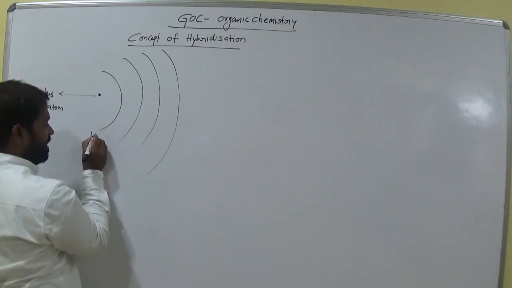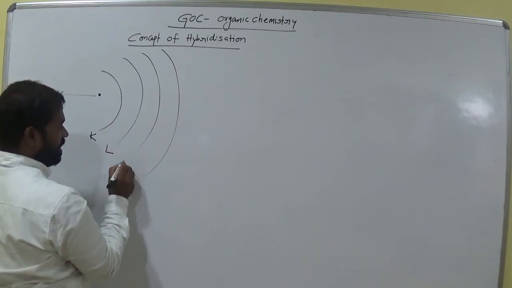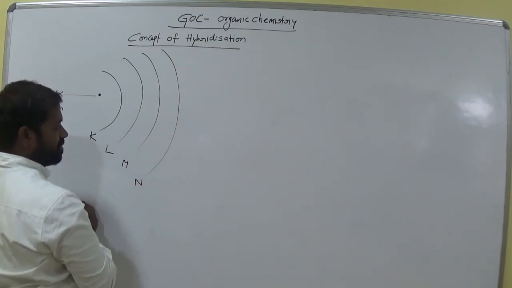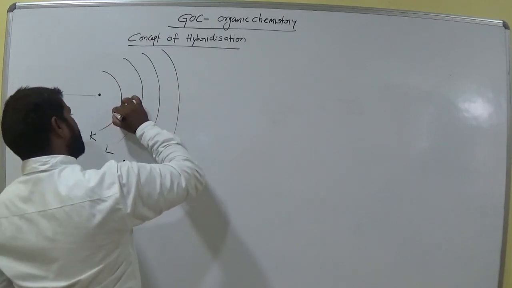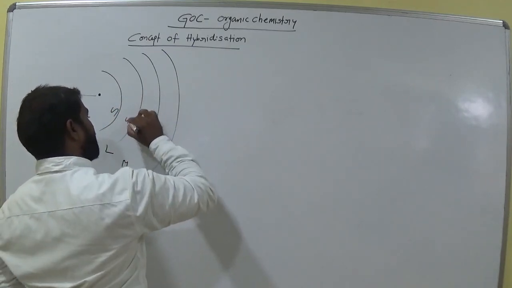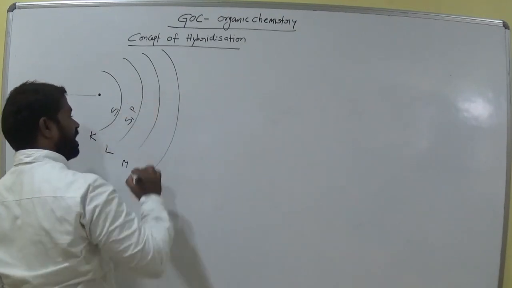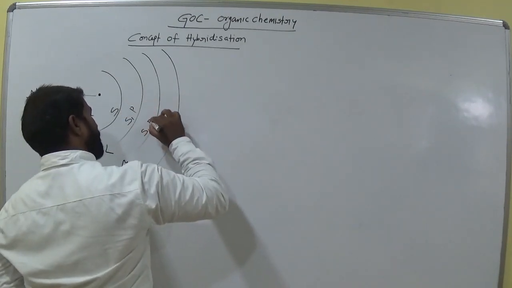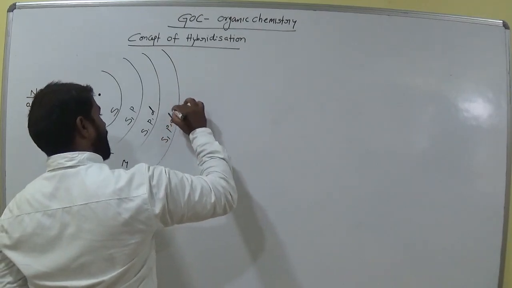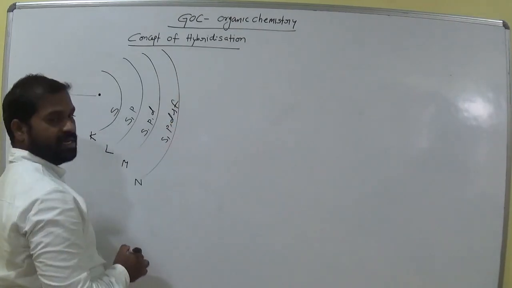The first shell is K, second shell L, M, N. In the first shell, which orbital is present? S orbital. In the second shell, S and P, the third one S, P, D, and the fourth one S, P, D, and F orbitals.